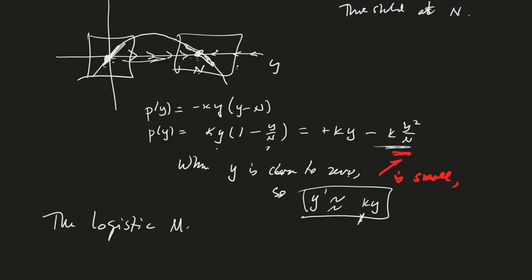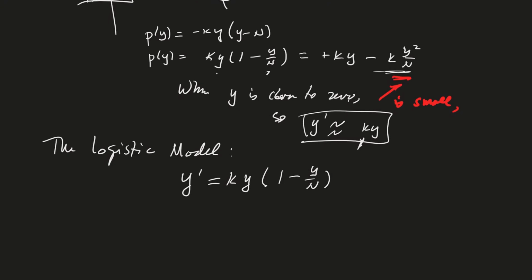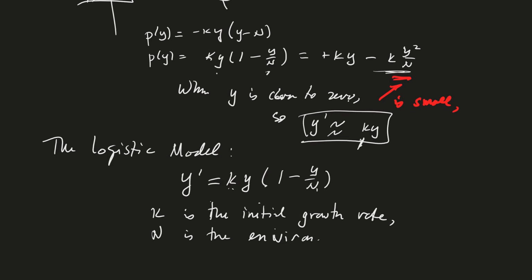We have y prime is equal to k times y times 1 minus y over n. And now we can even give some interpretations of the k and the n. K is the initial growth rate, and n is the environmental threshold.